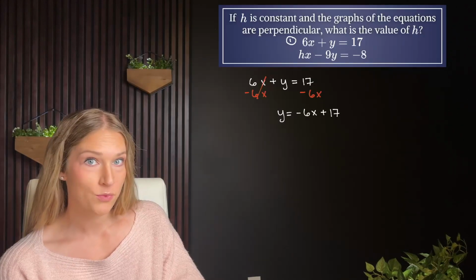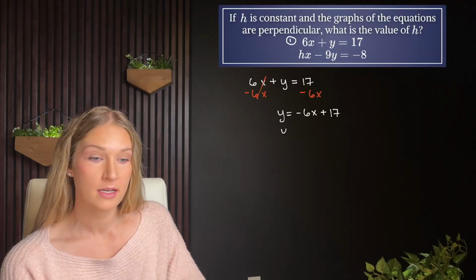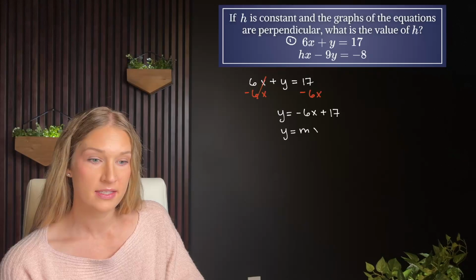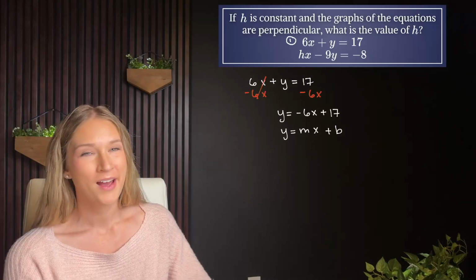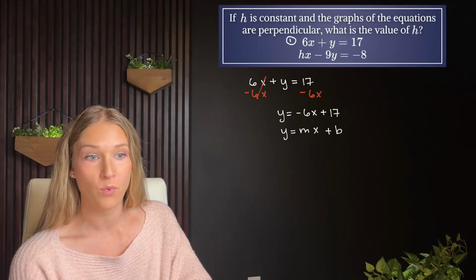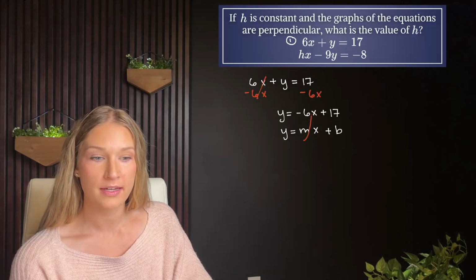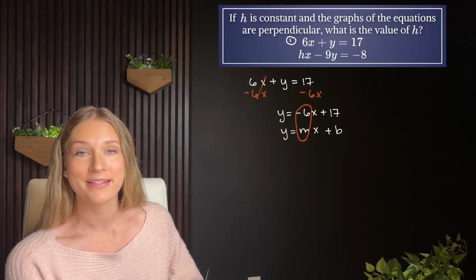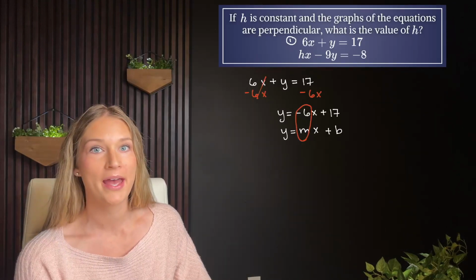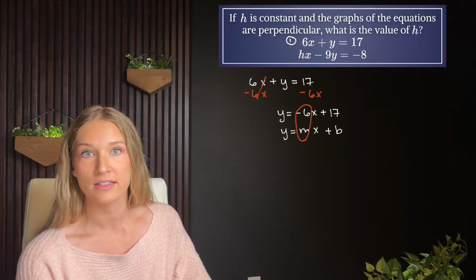When I compare this to y equals mx plus b, we can see that that negative 6 is in the m spot, and the 17 is in the b spot. I really don't care about the 17, that y-intercept, but I do care about the slope. So the slope of my first line is negative 6. Let me make note of that, and then clear the stuff that I have here.